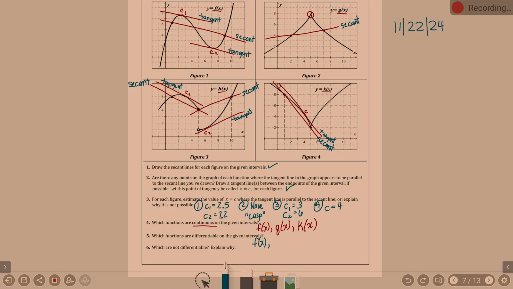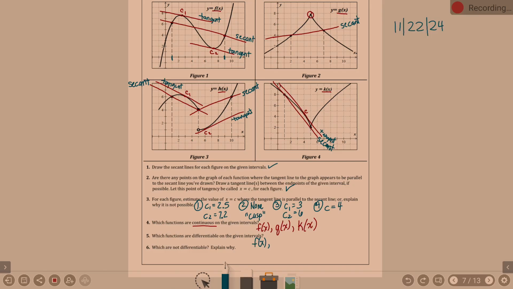Hold on. It doesn't change my continuous answer, but it's going to affect differentiability. So, which functions are differentiable on the given intervals? The interval on this one is from this dotted line here to this dotted line here.